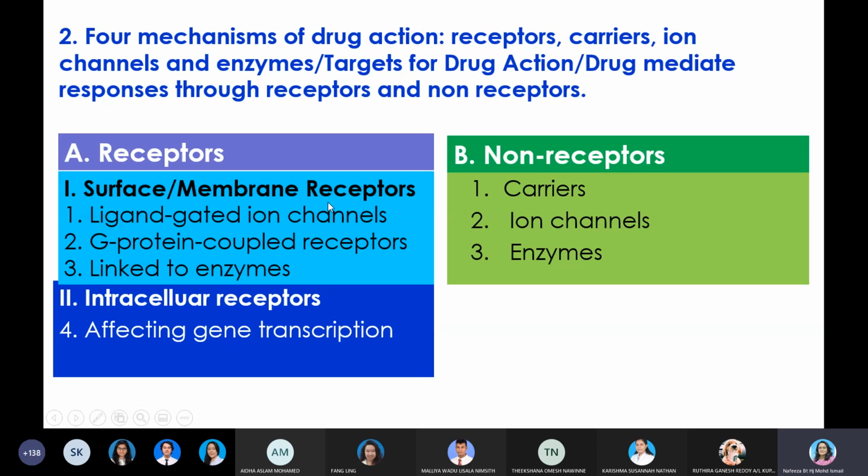If somebody asks you how many types of receptors there are, you say 4: 1, 2, 3, 4. But the location is different for number 4.